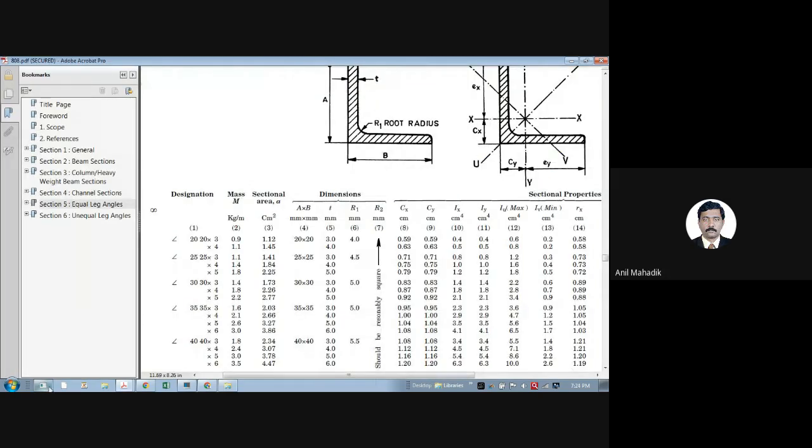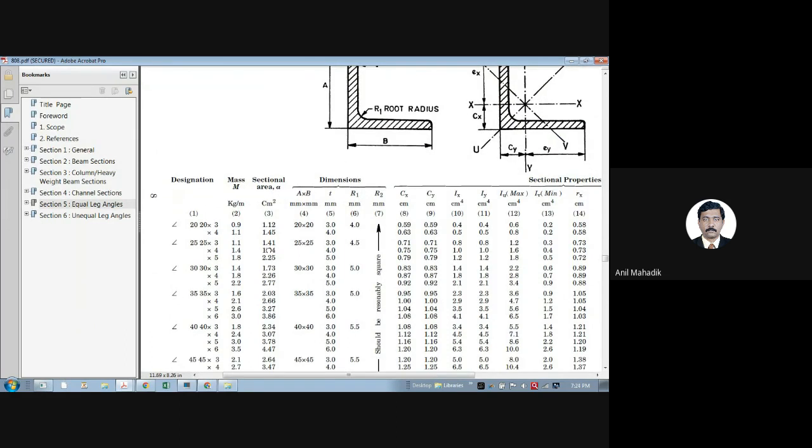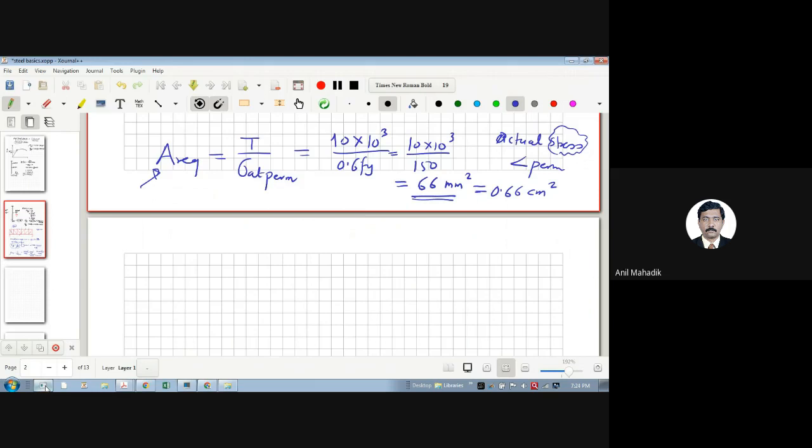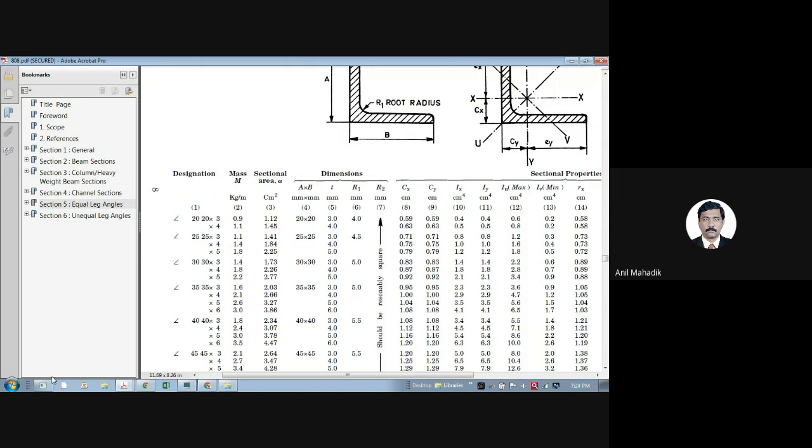Go into the table. It seems our minimum cross section is sufficient. 20 by 20 by 3 has an area of 1.12 and our required area is 0.66, which is very less.